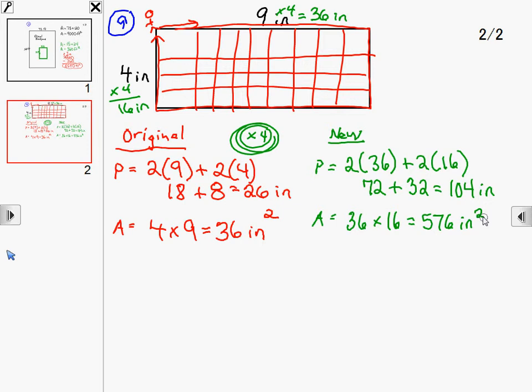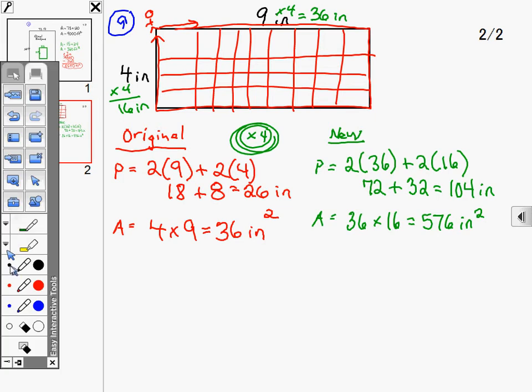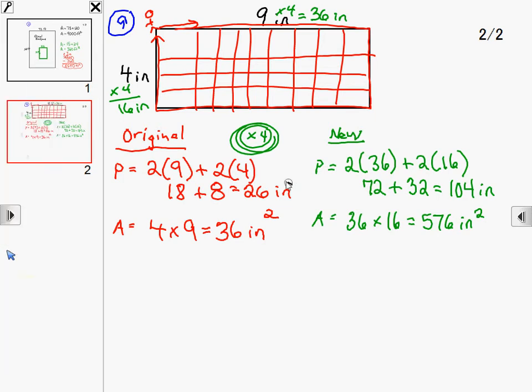We want to know what happens to the perimeter if you multiply the sides by 4. It was 26. It's now 104. So don't just tell us it got larger, right? We know it got bigger. How much bigger? How many times bigger?